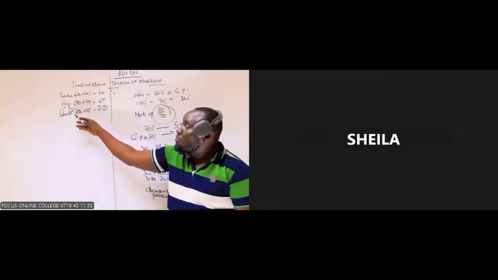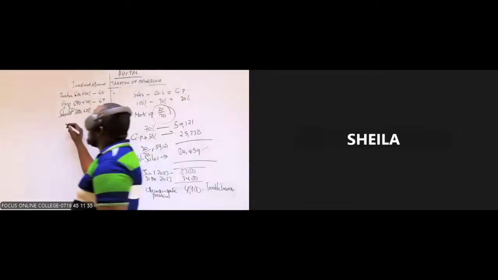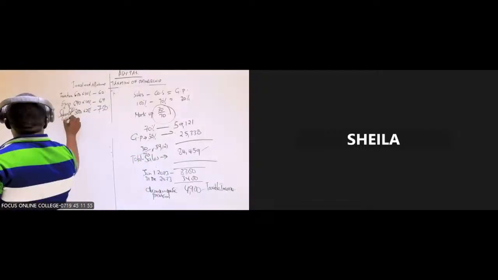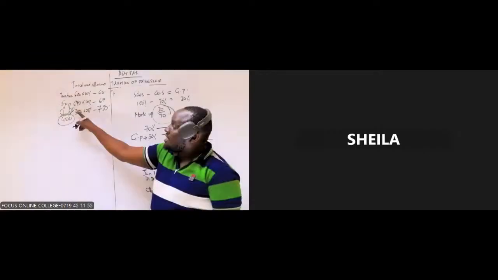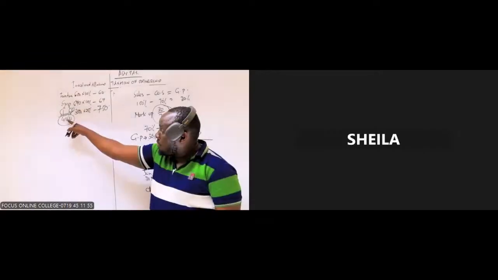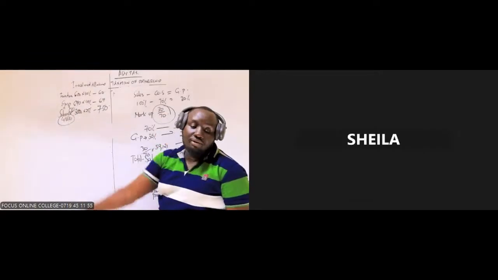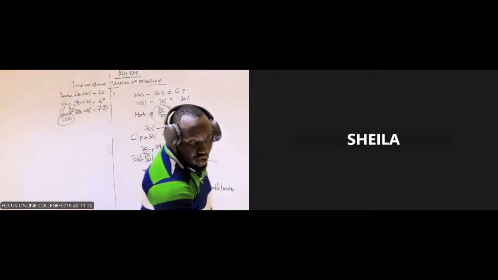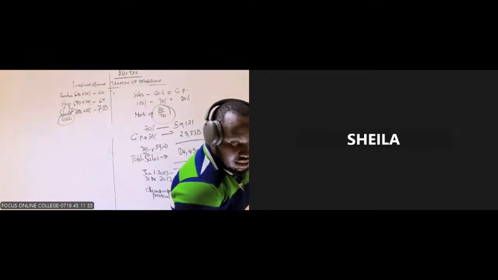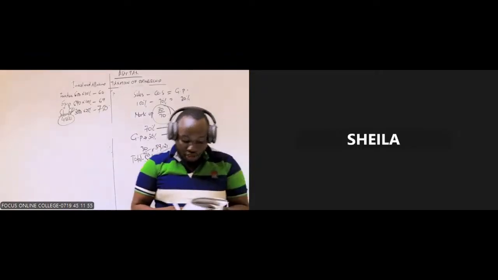If the value is more than 3 million, remember it was 4.5, the value that will qualify for investment allowance should not exceed 3 million. So out of 4.5, we'll only take 3 million. Perfect, Lois. So there was no disposal, so that's investment allowance.